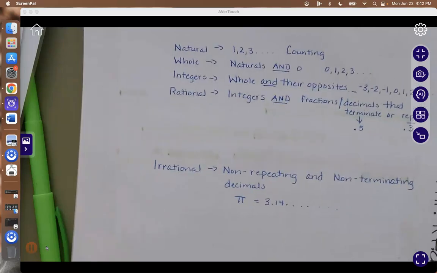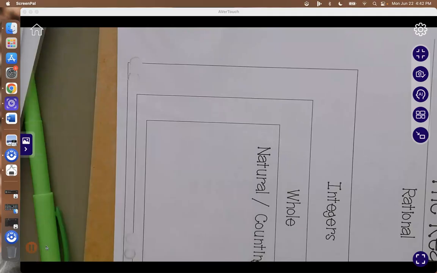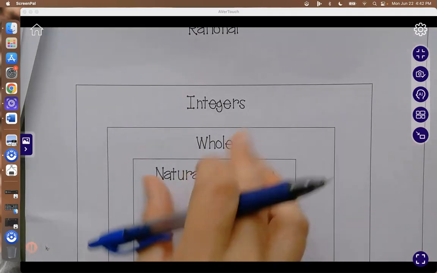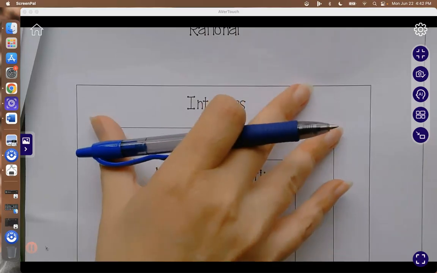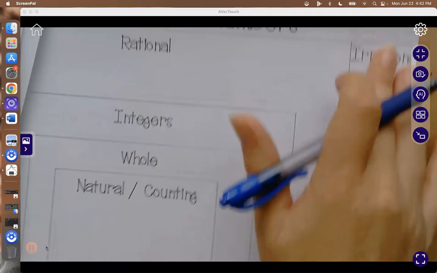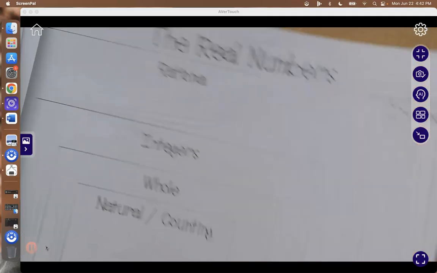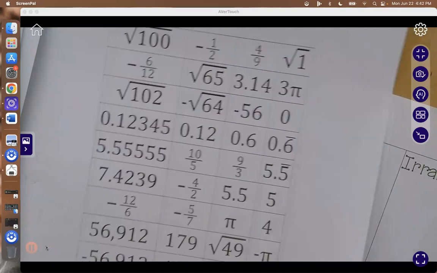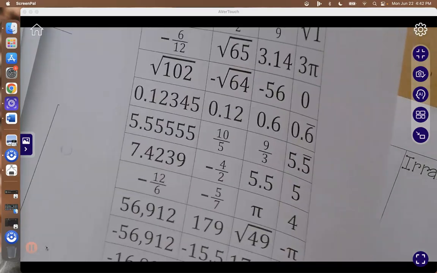So this leads me into the thing that I sent you with this. You had this piece sent, which has natural and counting numbers. Then it goes into whole numbers, integers, and rationals, because all of them are considered rational. Then you have the small section over here for irrational. So what I would like for you to do is cut all 40 of these little numbers out.